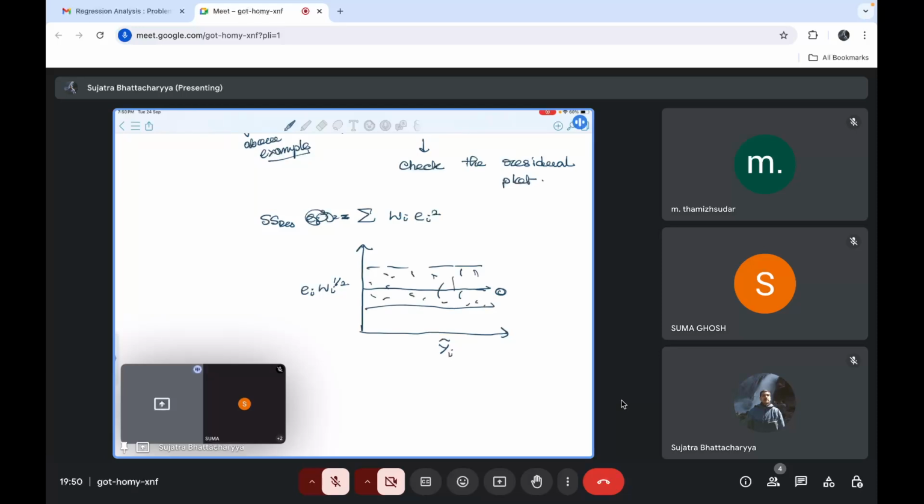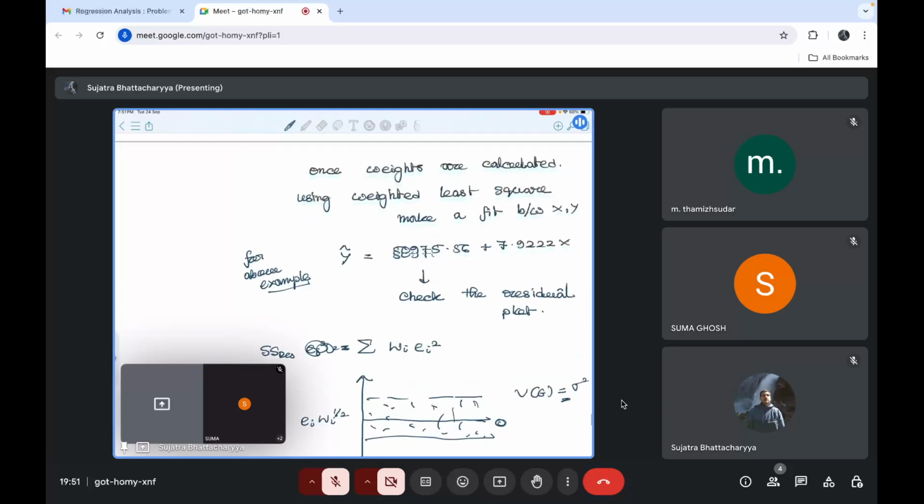If it is coming like this, then you are clear that the transformed variance of epsilon is actually equal to sigma square. Hence, everything is now fine. So whatever linear relationship you have got, that model is fine. This is the last part of the weighted least square technique.